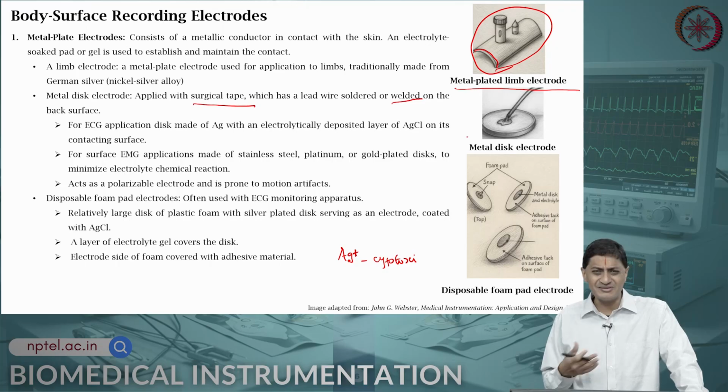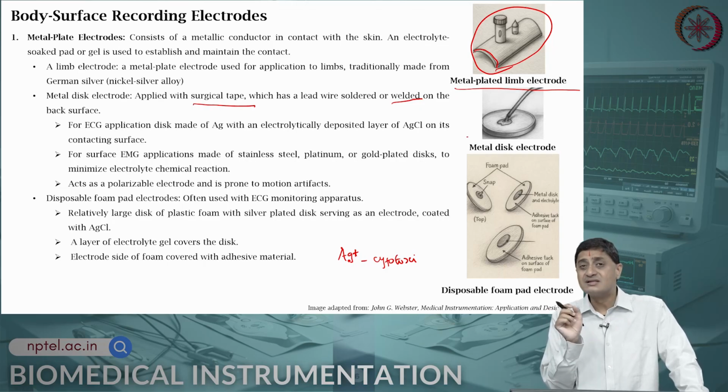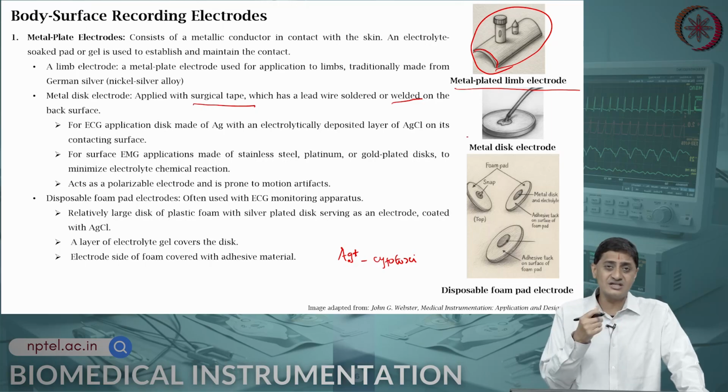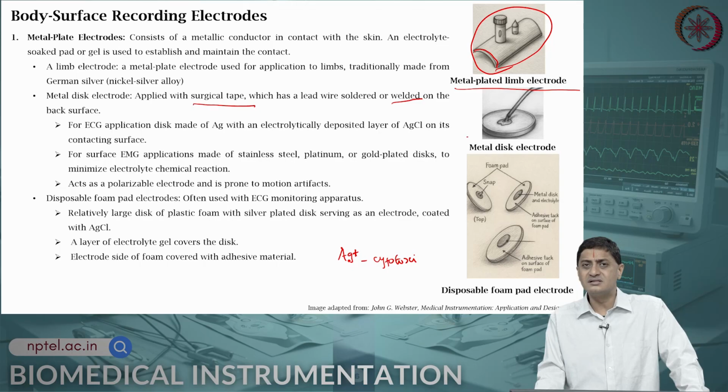If it is EMG, the person is moving, there will be a slight stretching or shrinking of the skin as the person is moving. When that happens, there will be motion artifact. Sometimes in EEG especially, motion artifact and the signal of interest have common frequency and amplitude characters. It will be very difficult to remove them. We discussed this in the previous weeks.